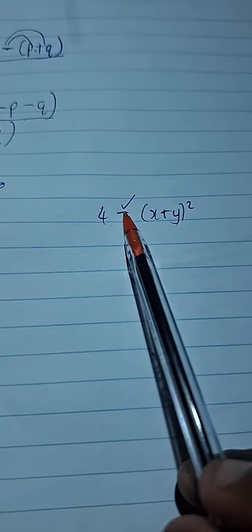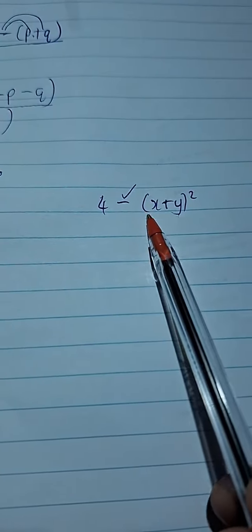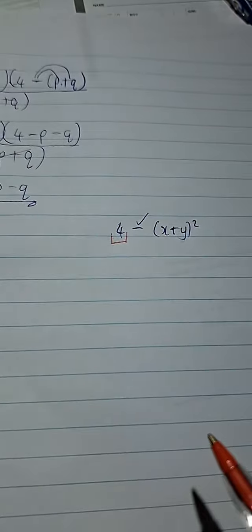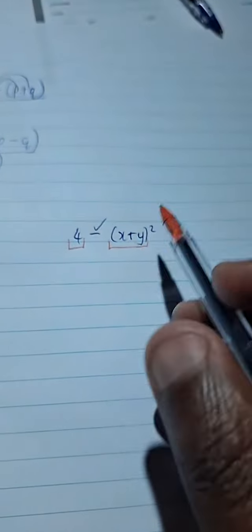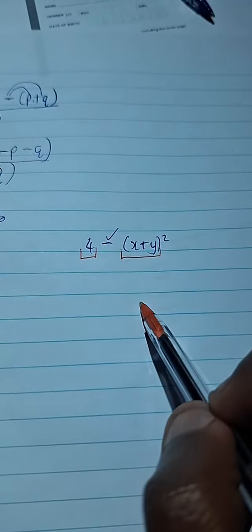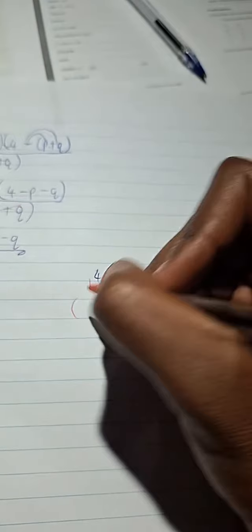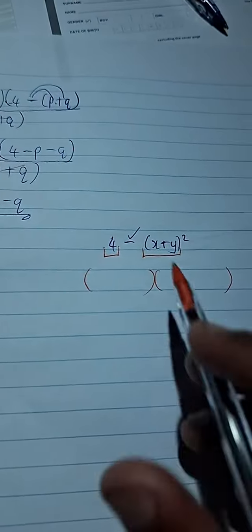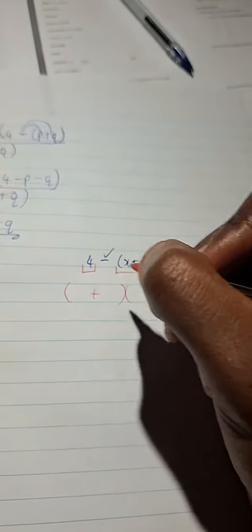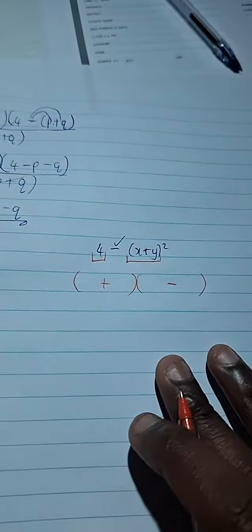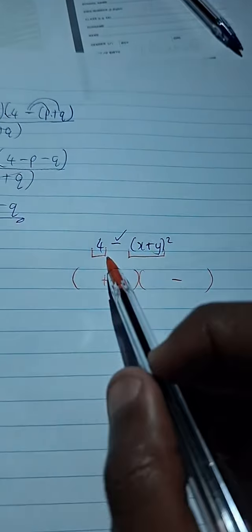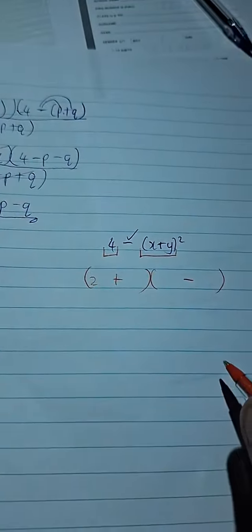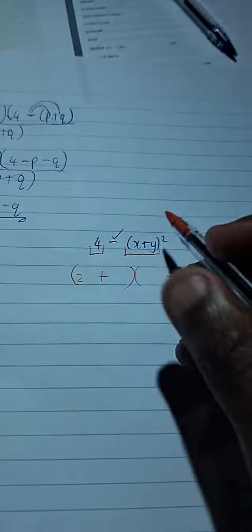Okay, so guys, we need to be familiar with this type of factorizing for difference of two squares. Okay, this is 4 minus x plus y, the whole thing squared. You look at this, this is a perfect square. You look at that, this is also a perfect square. So that means you can apply factorization by opening two brackets for a difference of two squares. And for everything, you know the first bracket will be plus, the second bracket will be minus. Then you ask the square root of 4, what is it? It is 2. Then the square root of x plus y, the whole thing squared.